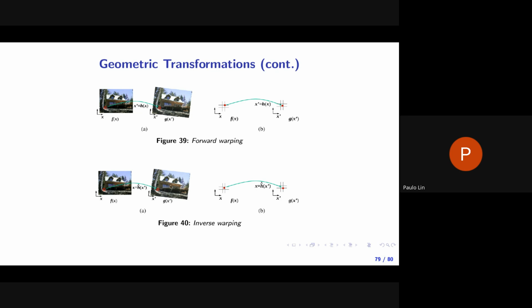So in this case, the problem is different. In forward warping, we start with an integer position, and probably the target position can be a float number or could be non-integer. And in inverse warping, we have the opposite. We have an integer position in the target image, and the position in the original image might be non-integer.